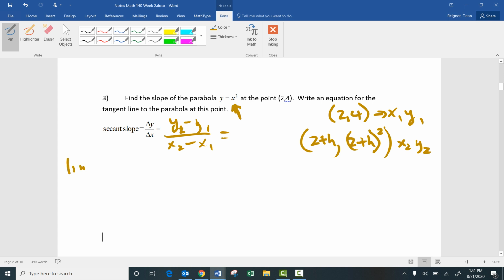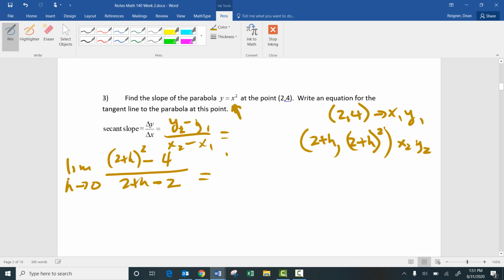So now we're just going to figure out the slope. Here's where the limit comes in: the limit as h approaches 0. Our y2, our y coordinate, is 2 plus h, the quantity squared, minus y1, which is 4, over x2, which is 2 plus h, minus x1, which is 2.